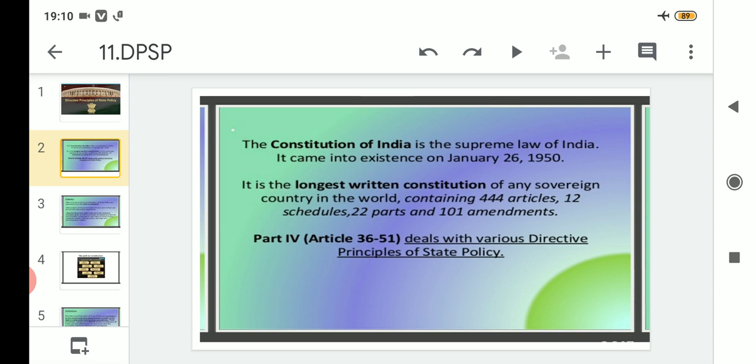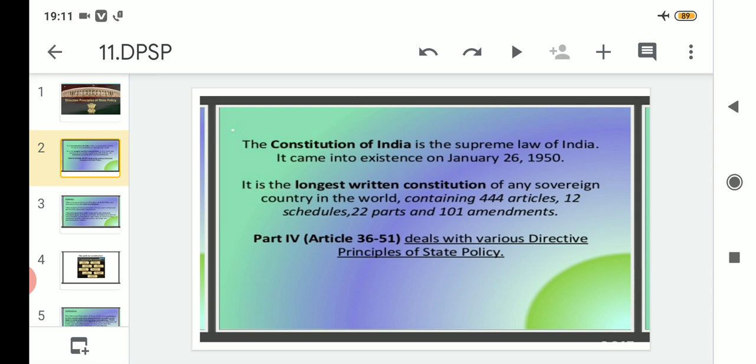After that, just like fundamental rights come under Part 3 and fundamental duties come under Part 4A, we have to see under which part and which article the directive principles of state policy come. It comes under Part 4 and the articles from 36 to 51.